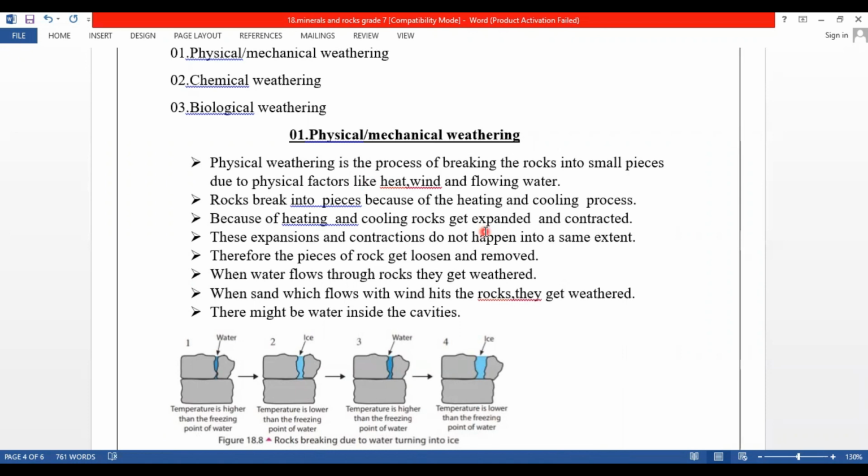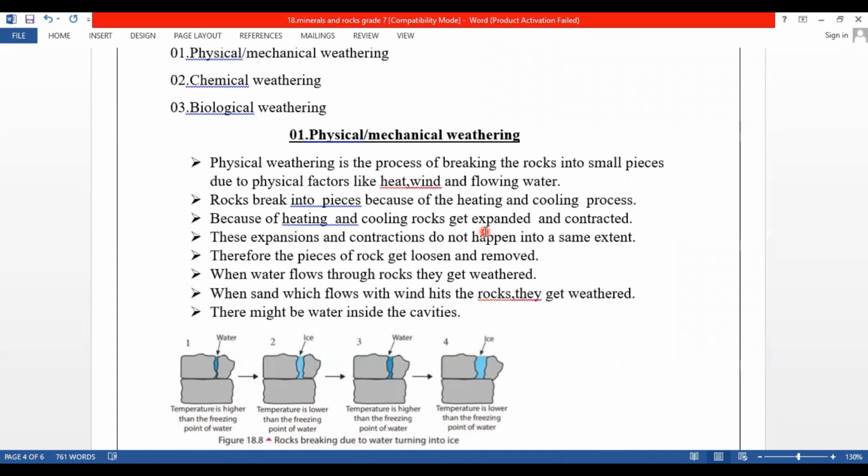When heating, because of the sun's heat, the rocks get heated and expand. But again at night, there is no sun to heat the earth, so they cool and contract. These expansions and contractions do not happen to the same extent. Same extent means same amount.